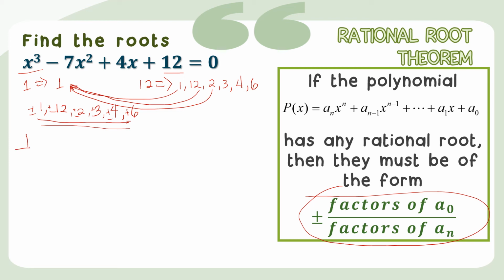Siyempre, dun muna tayo sa pinakamadali. Let's have 1. 1, negative 7, 4, and then 12. 1, 1, negative 6, negative 2, 10. So, hindi pwede kasi hindi naman nag-0.